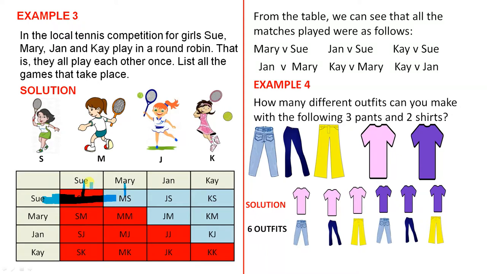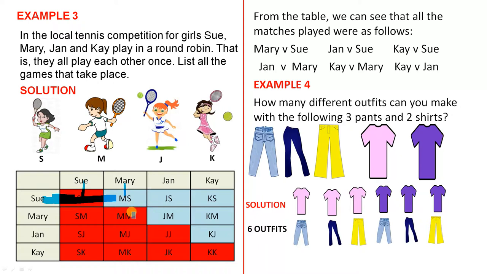This one here, if you go across, you go up there, then across, you get SM, Sue Mary, up and across, Mary Mary, up and across, Jan Mary, up and across, K Mary. And you do the same for these rectangles.